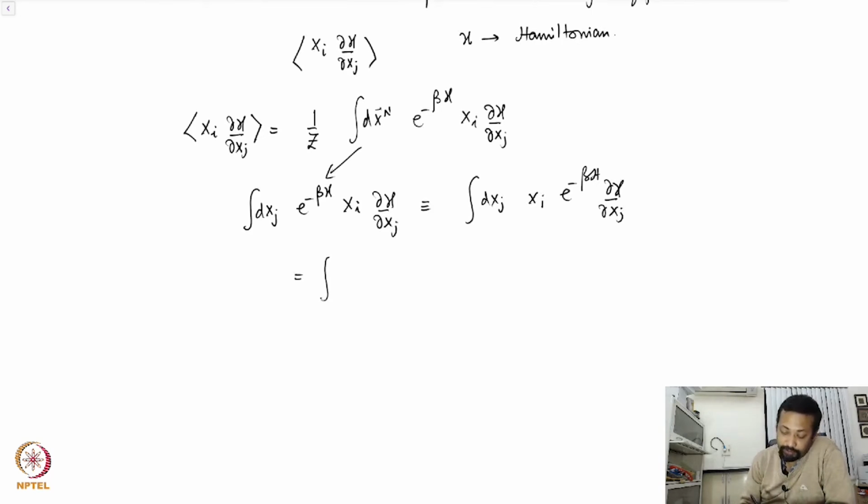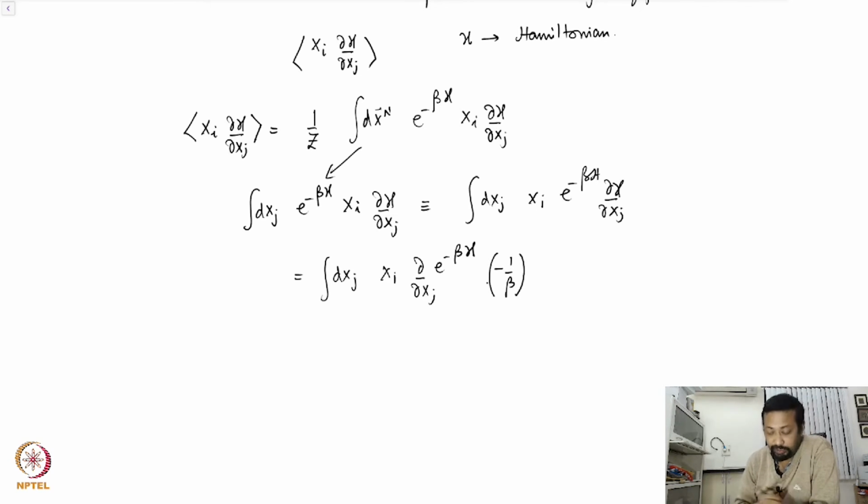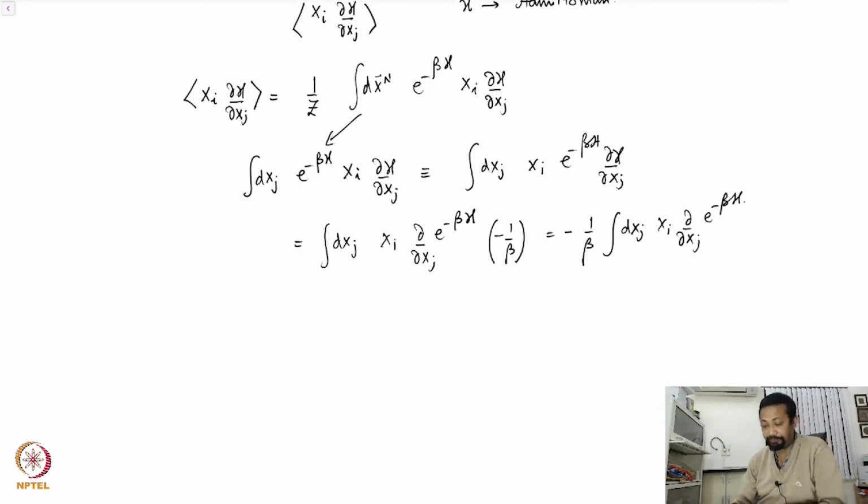This is going to be d of xj xi del xj of e to the power minus beta h, divided by minus beta. So this becomes minus 1 over beta, integral dxj xi del xj e to the power minus beta h.